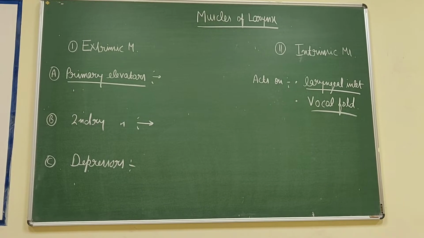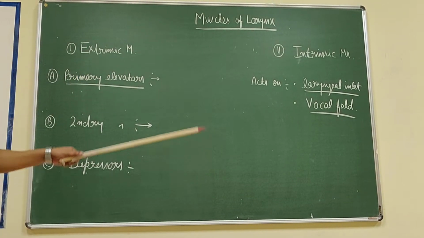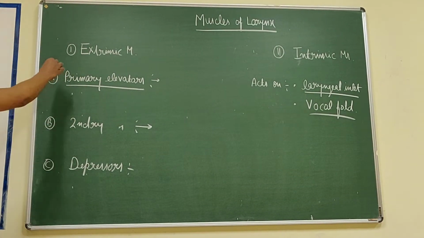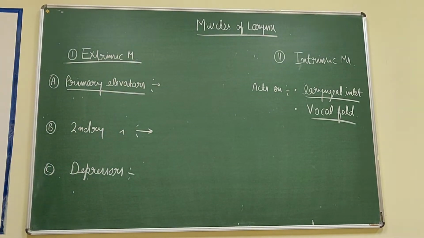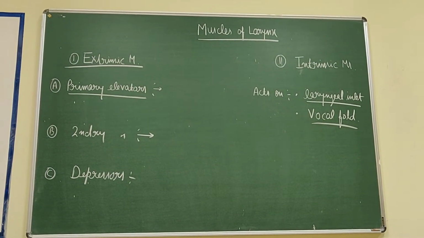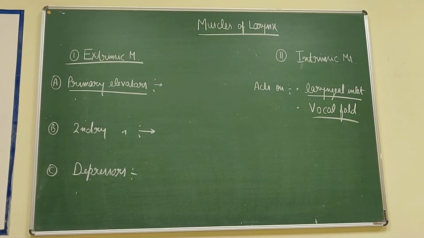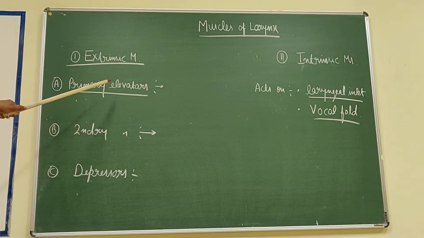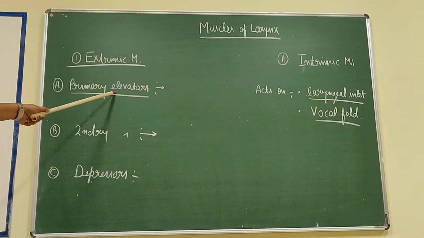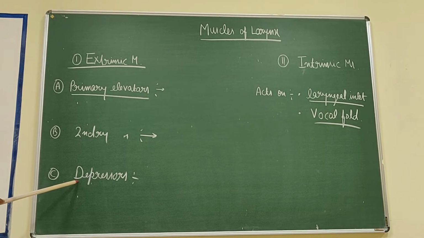The muscles that connect the larynx with the surrounding structures come in the extrinsic muscle group. These muscles basically have two functions: either they elevate the larynx or they depress the larynx.